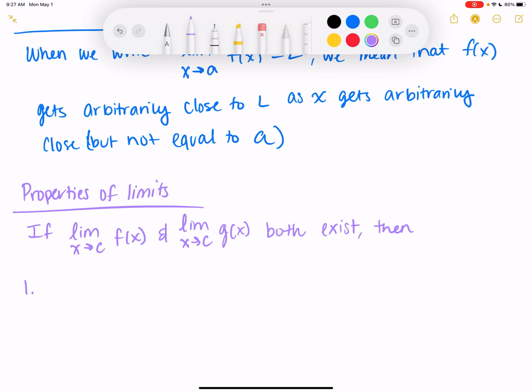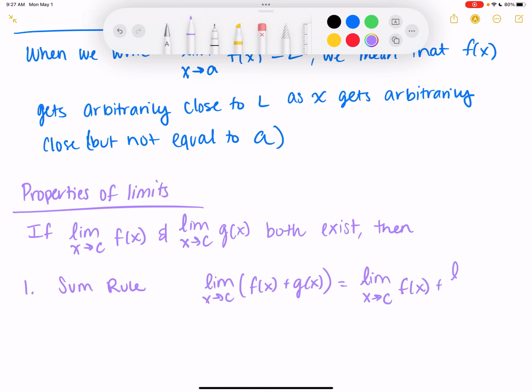All right, so first we have the sum rule, which says that the limit as x approaches c of f of x plus g of x is equal to the limit as x approaches c of f of x plus the limit as x approaches c of g of x. We haven't seen g of x for a while. So basically this just says if two things are being added together, we can split the limit into 2.